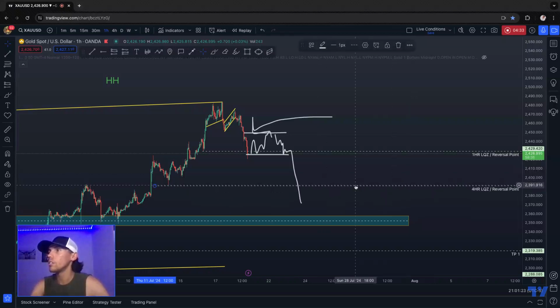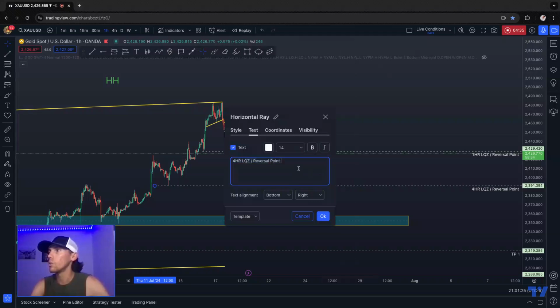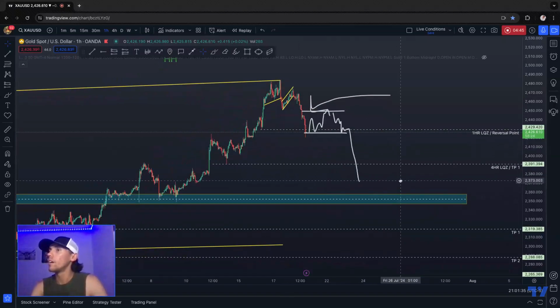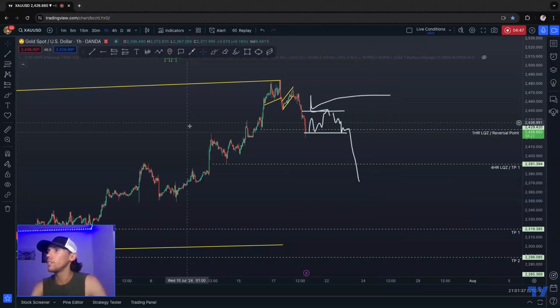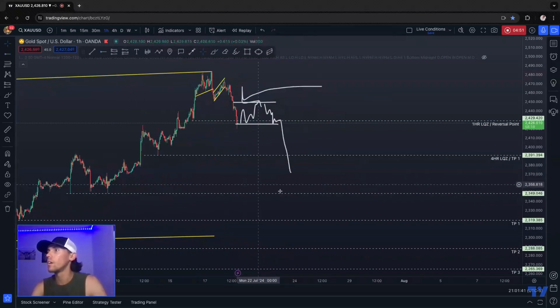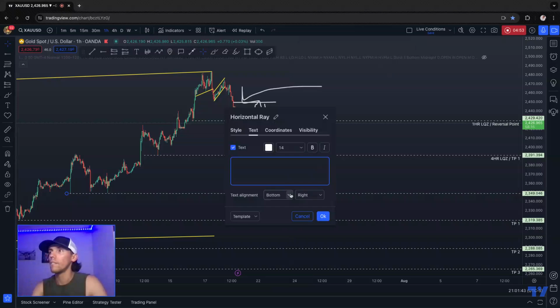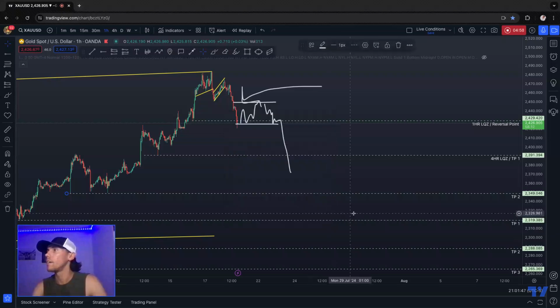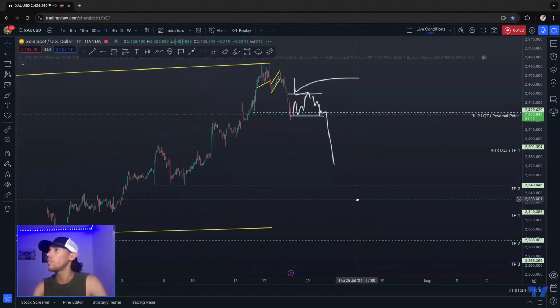Right here, 4 hour liquidity zone. Take profit one. And then right here, take profit two.